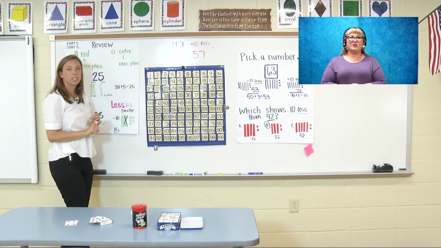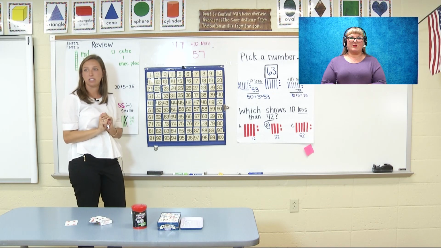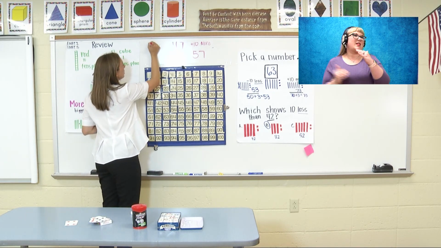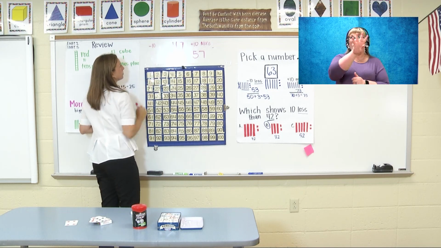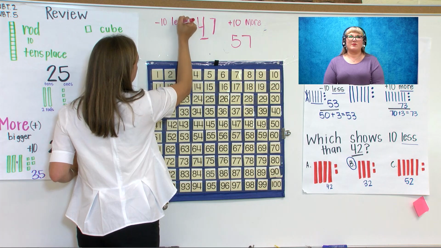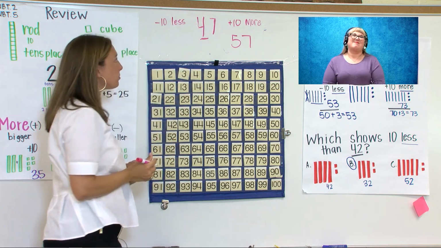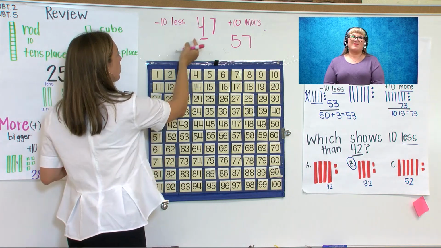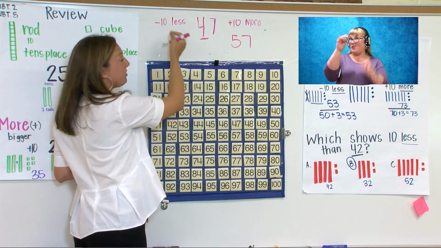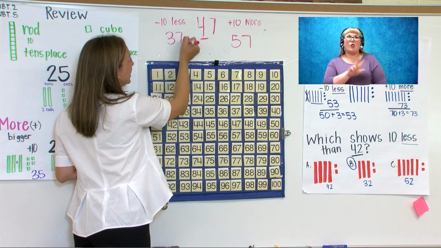Now we're going to do the less. I'm going to give you a second to do your less, and then I'm going to work it out up here. 47 and 10 less will give us 37.